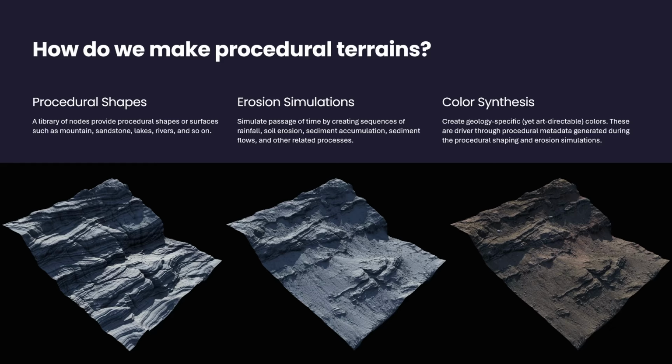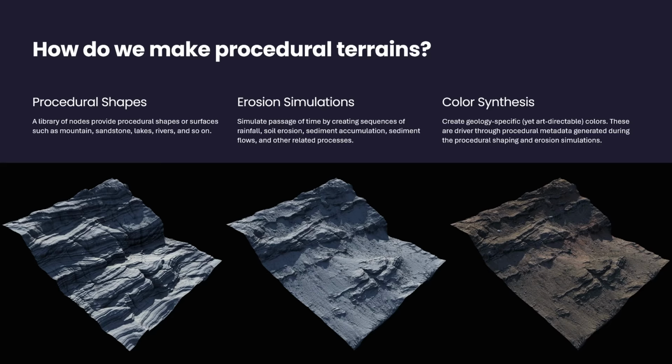Then they can also run erosion simulations and other simulations that show the passage of time by creating eons' worth of sequences of rainfall, soil erosion, sediment accumulation, and so forth. Finally, using the metadata generated by these processes, we can also synthesize color textures that look very realistic and that can then be taken to other software and used in larger productions.